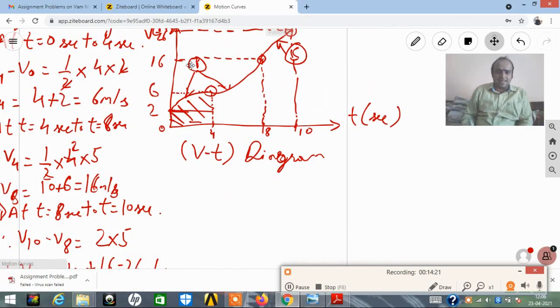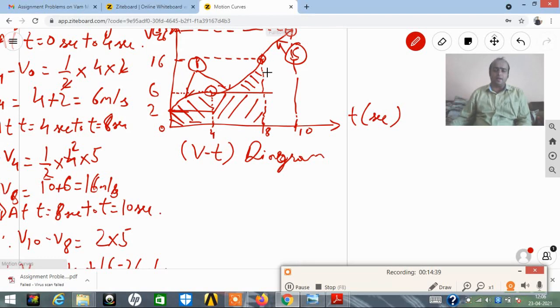You all can see it. Now the area will be the area covered by the curve plus this rectangle. So friends, it will be 4 into 6 plus, since it is a curve, 1 by 3 into 4 into 10. So let me write that down.